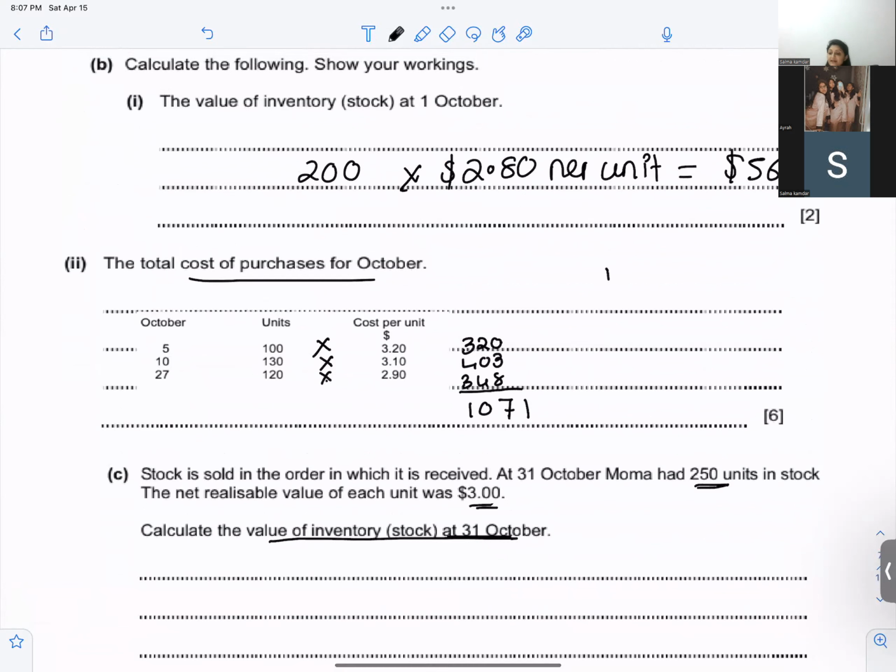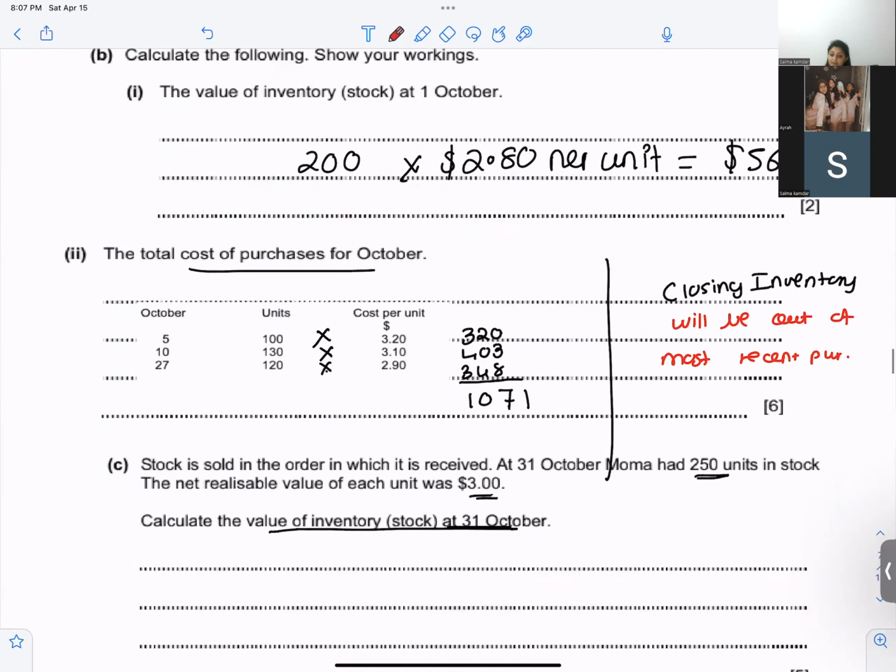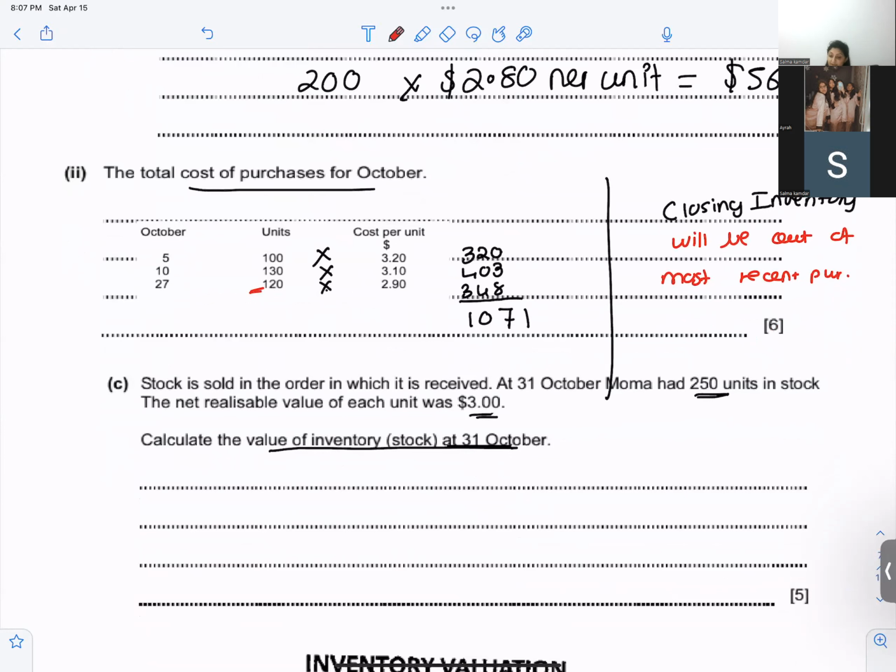So the closing inventory will be out of the most recent purchase. So your most recent purchase is here. So you'll do 120 into 2.90.